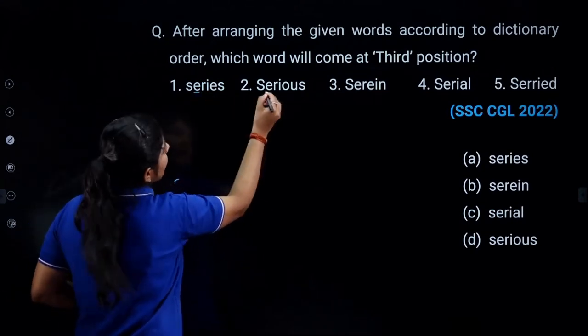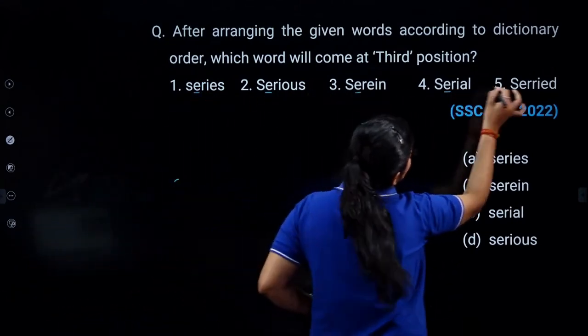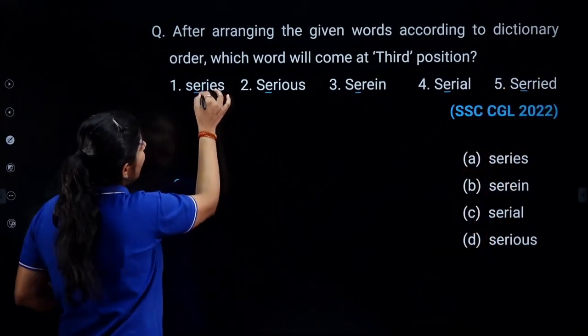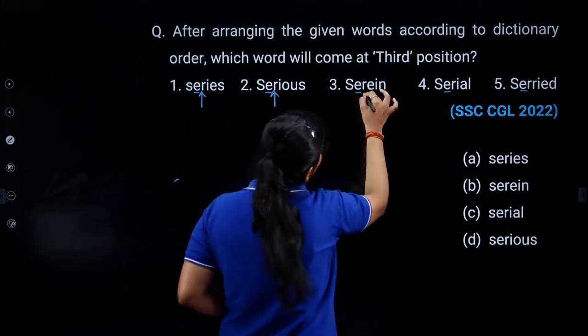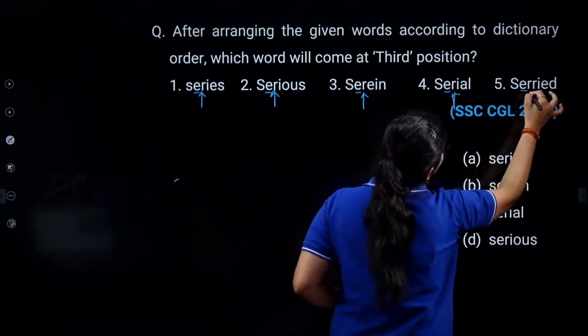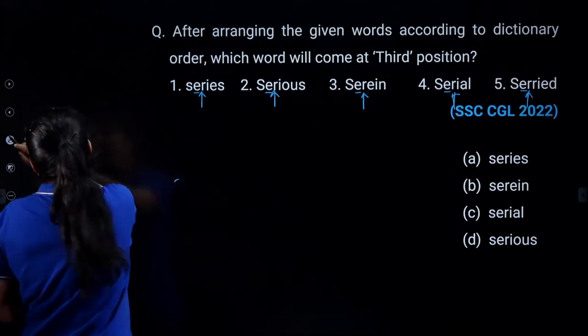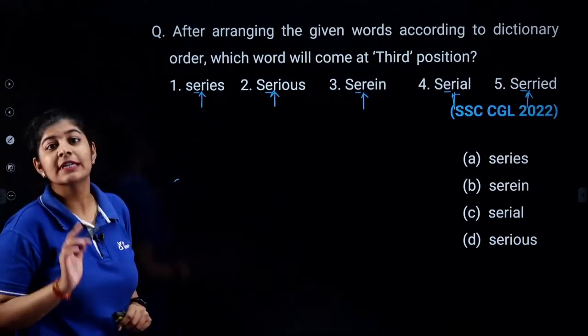Whenever we have such a case, just simply move towards the second alphabet. E, E, E, E, E. No change. Third one, R, R, R, R and R. Again, no change. That means we need to check our fourth alphabet.